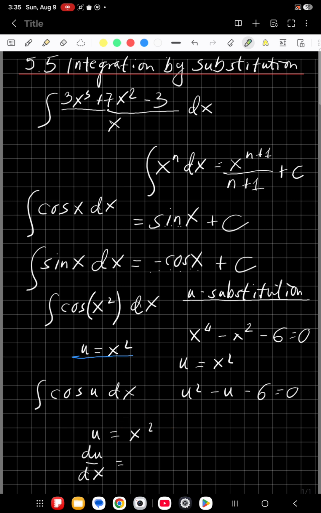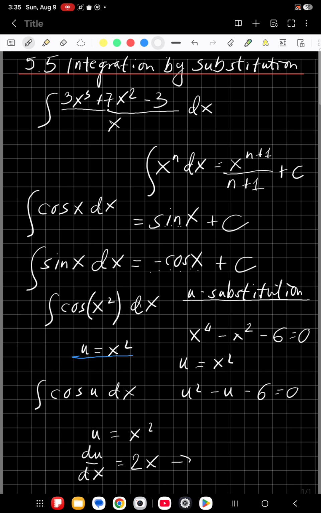One of the difficult parts in beginning calculus is that students confuse taking integrals, where you add 1, with taking derivatives, where you subtract 1. Let's finish this. The derivative of x squared is 2x.